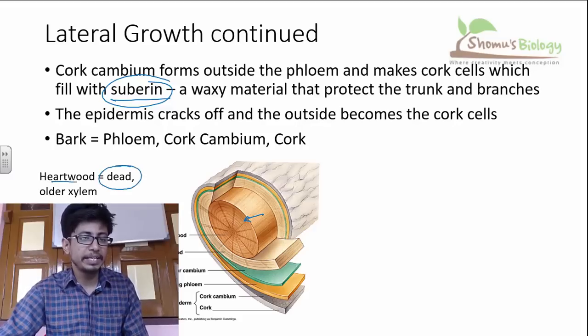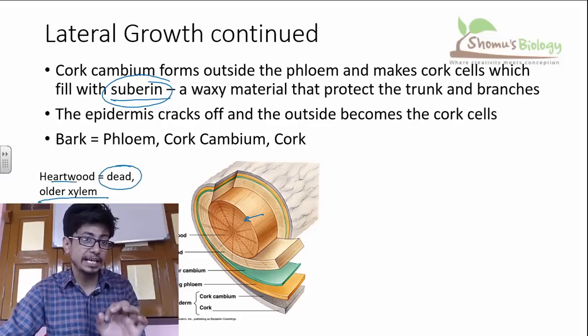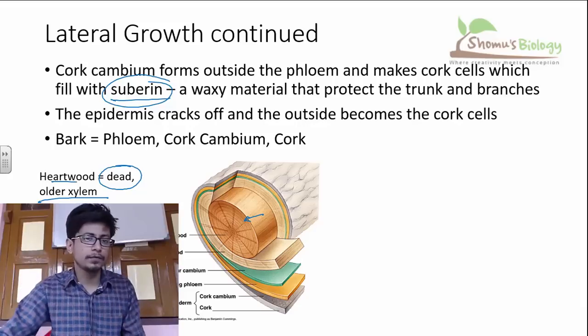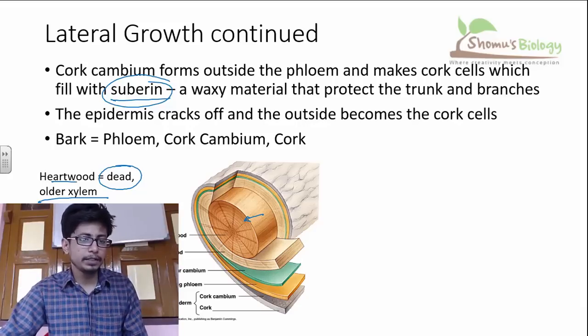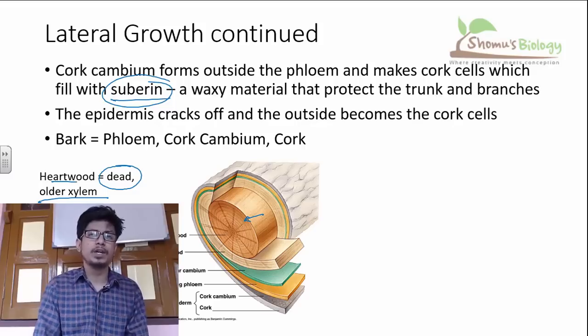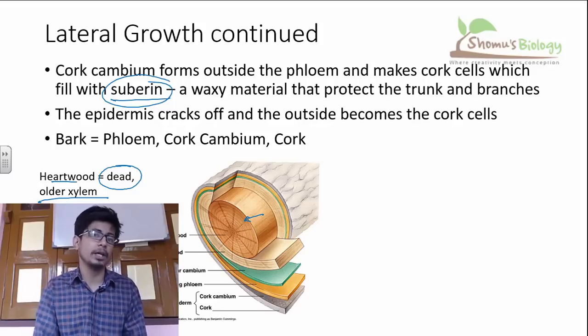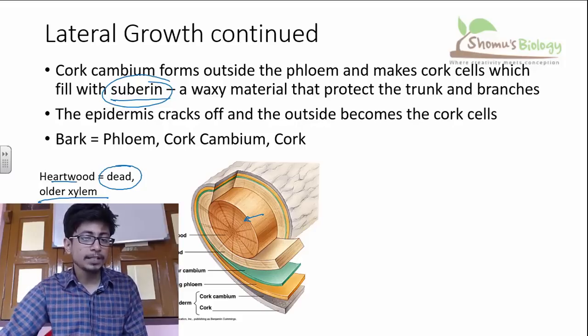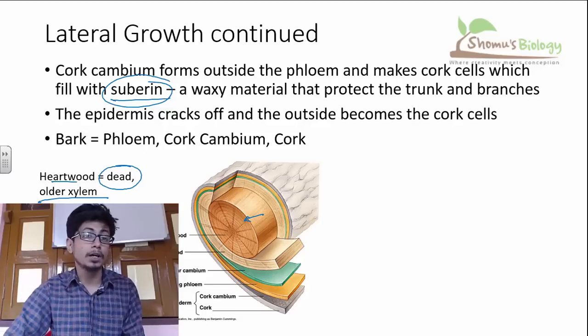This is made with completely dead older xylems and filled with ground tissues. And we have sapwood just surrounding the heartwood, and it is made with new xylem and they still carry water. That's why you call it sapwood, because they are kind of wet, they carry water, they're alive. Then we have phloem which carries the food, right? And the older phloems become part of the bark along with the cork cambium.